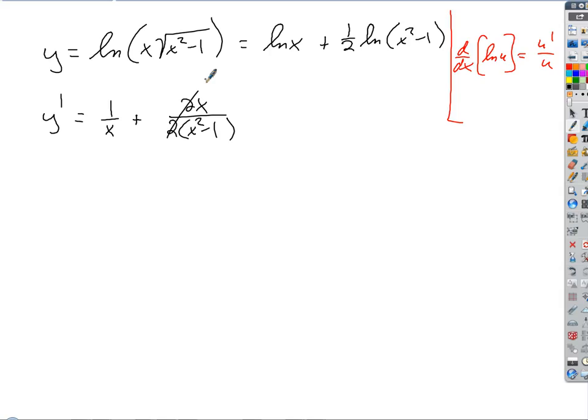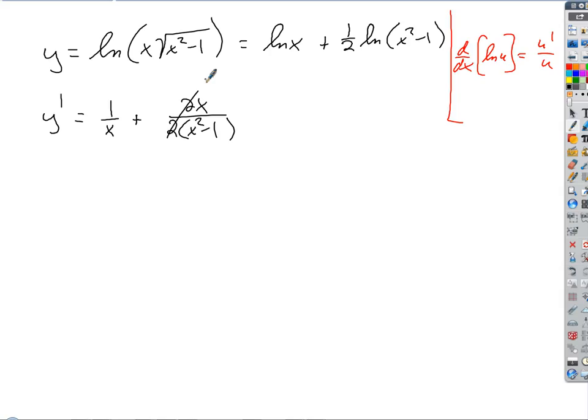I was confused as to why, because you have the x squared minus 1 to the 1/2, when you put the 1/2 in front, why you don't subtract 1 from the 1/2 and get -3/2. Because it's not a power now, it's a coefficient. See what I'm saying? Yes.